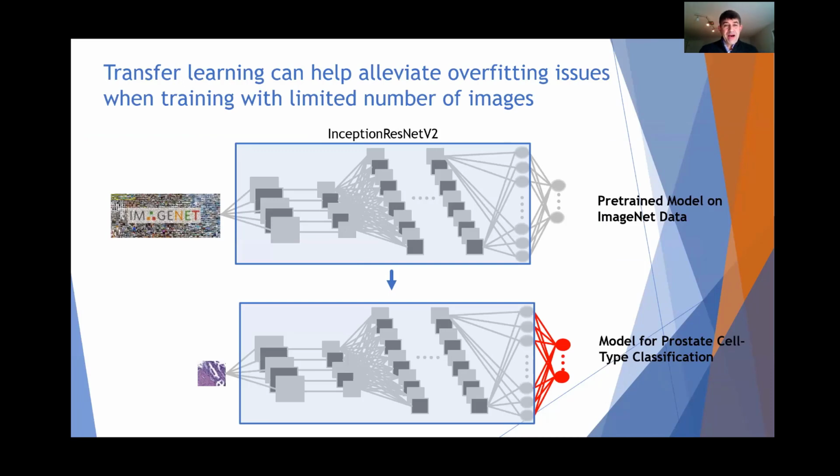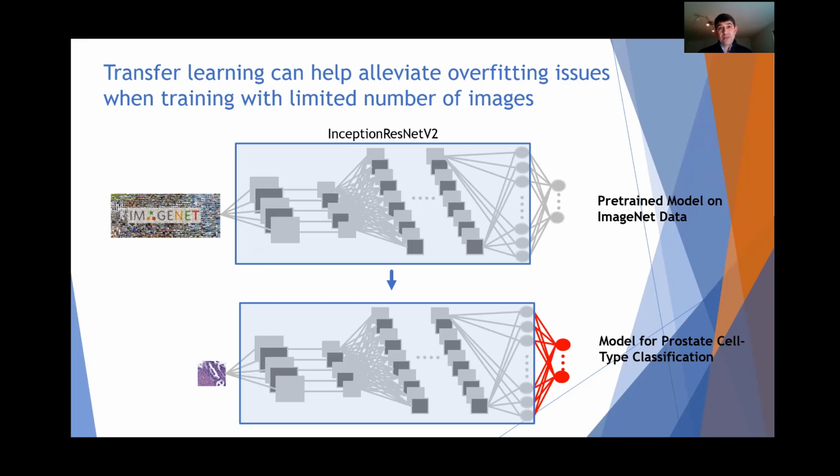So modern CNN convolutional neural network models have a large number of parameters, over 1 million. And so overfitting can be a huge problem if you have a small number of training images, as we do in this study. Therefore, we utilized a particular convolutional neural network called the Inception ResNet version 2 CNN model for feature extraction in this study.